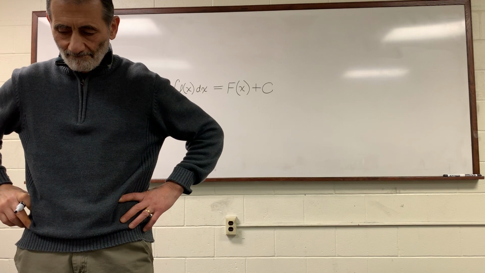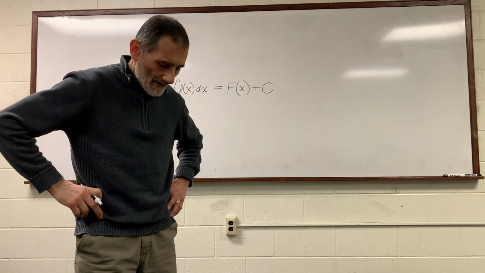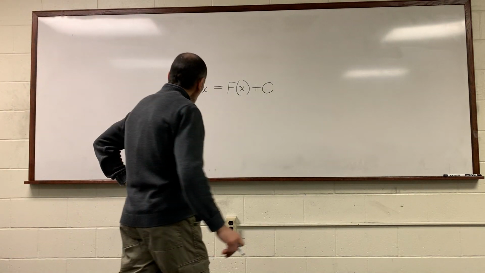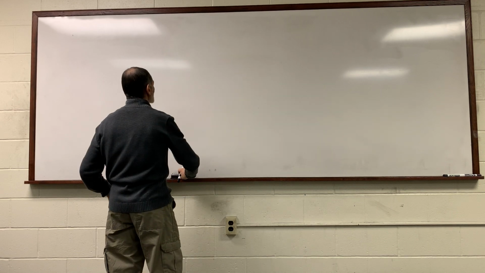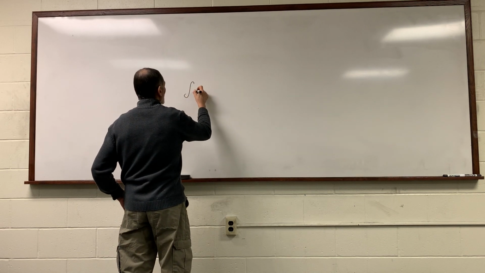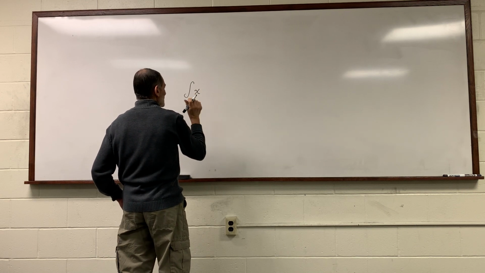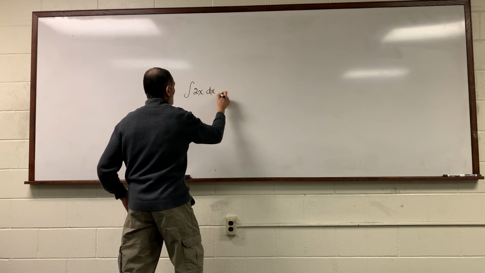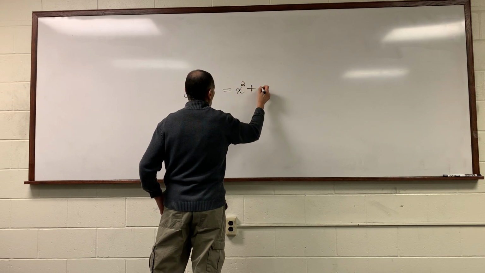So, if f of x equals 2x, again, the way we would write this is to say the antiderivative, the general antiderivative, note, the general antiderivative of 2x with respect to x is x squared plus c.